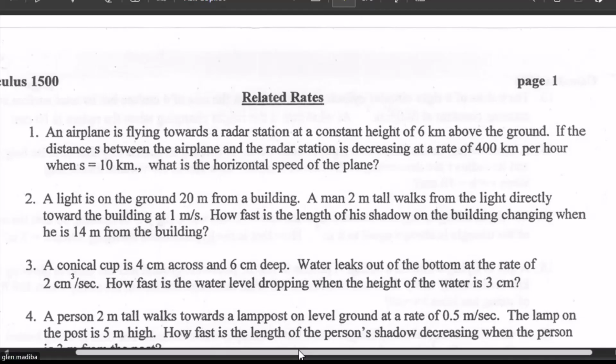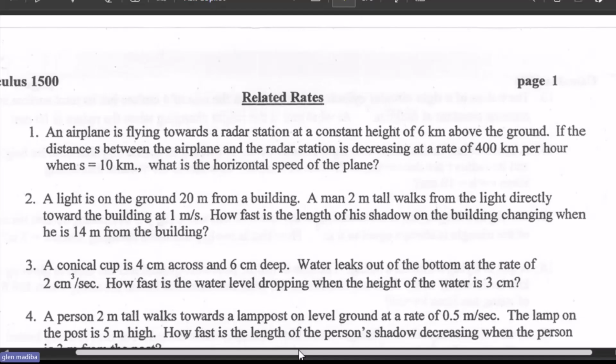That is what we get from the first line. From the first line, we know this plane is going to land. It's not taking off, but is going to land. The height is 6 kilometers above the ground.